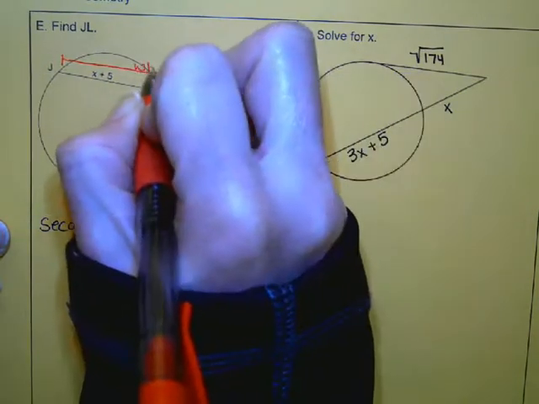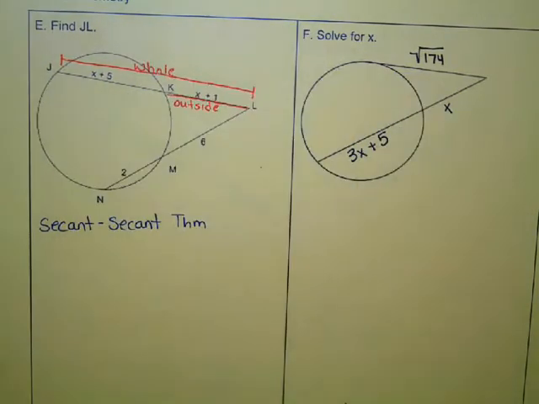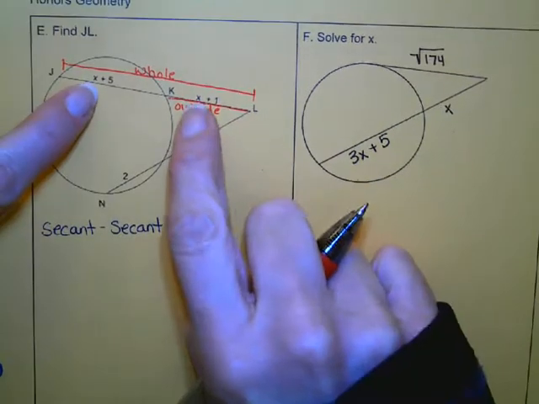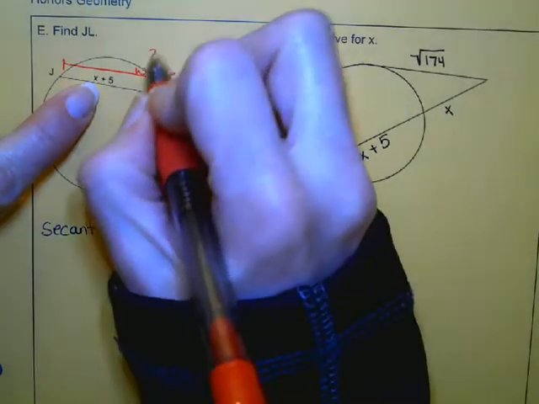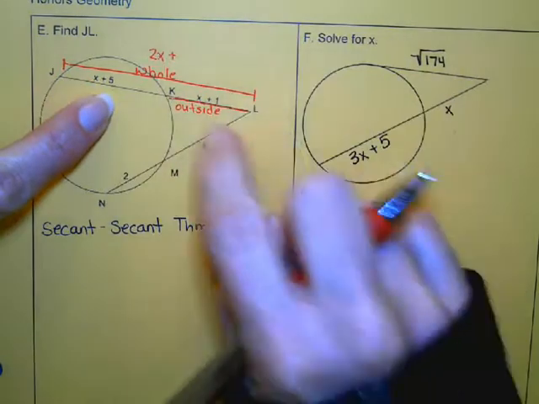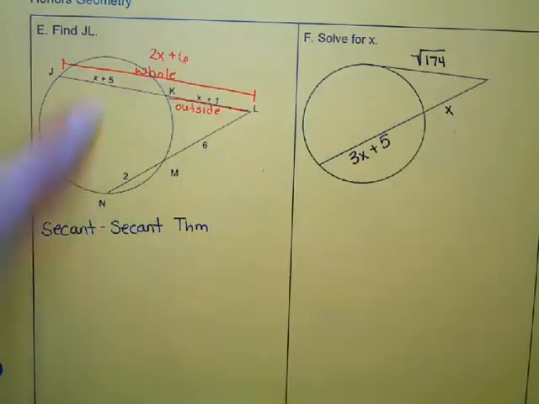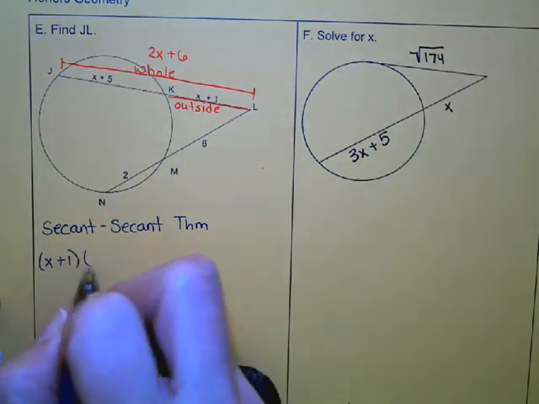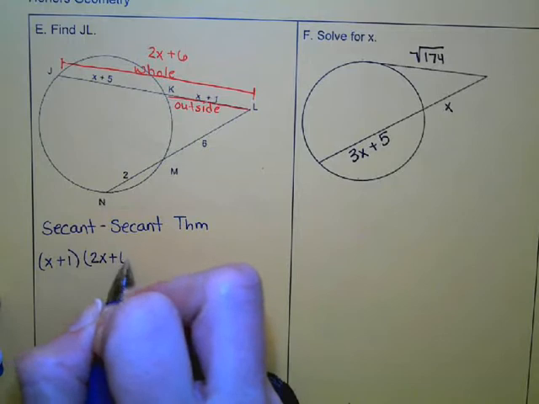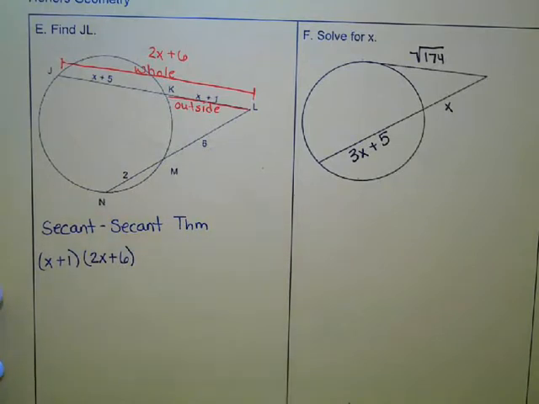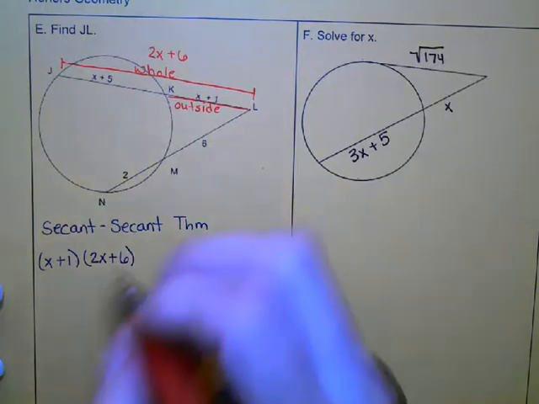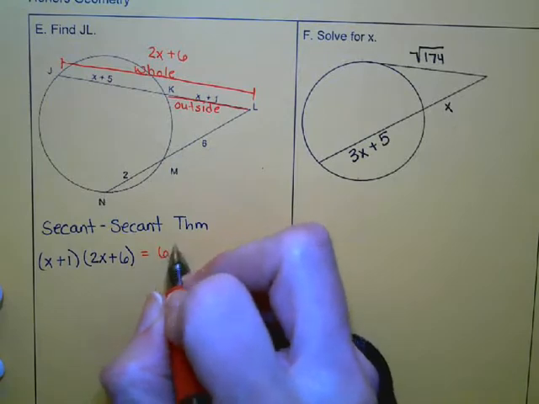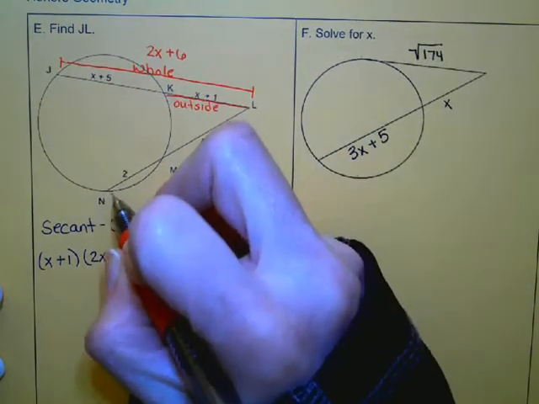So in this case, the whole length, if you add x plus x, that gives us 2x, plus 5 plus 1 is 6. So when I write this, the outside part would be x plus 1 times 2x plus 6. On the bottom, on the outside we have 6, and then the whole length of that would be 8.